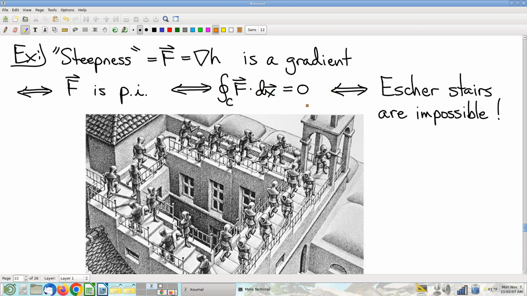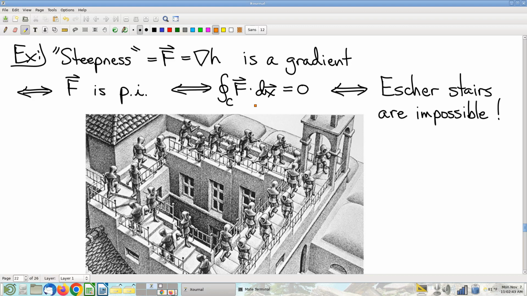If you're going around a closed curve, starting and ending at the same point, and you're keeping track of how much altitude is changing, that's what this integral does, how much is h, aka altitude, changing. Grand total, if you start and end at the same point on a hike, your total altitude change is 0. Because you literally came back to the same point that you started, where you have exactly the same altitude. And so, of course you have 0.